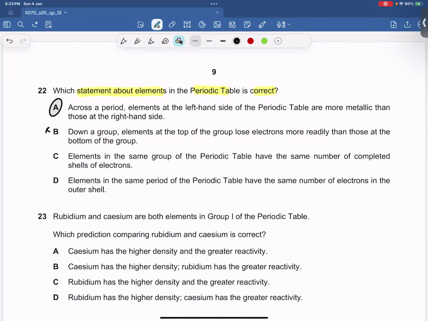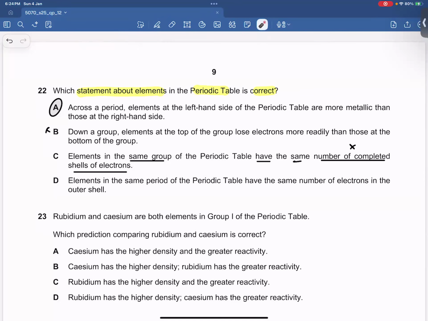Elements in the same group of the periodic table have the same number of completed shells of electrons. If elements are found in the same group of the periodic table, they will have the same number of valence electrons, not the number of completed shells of electrons.